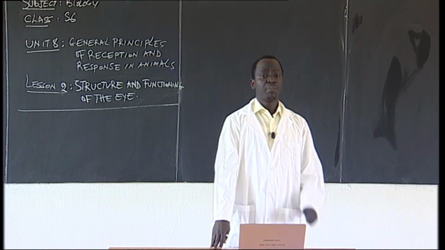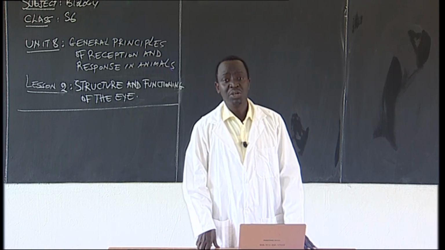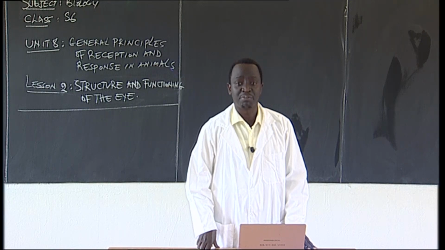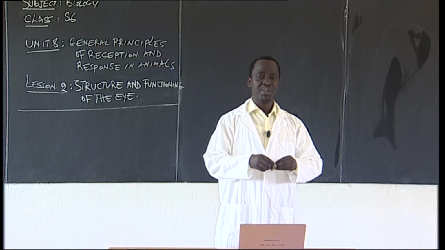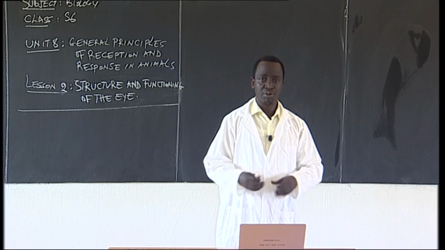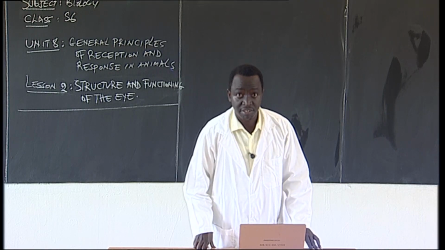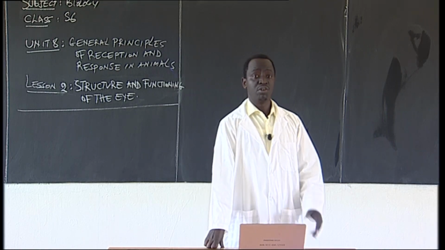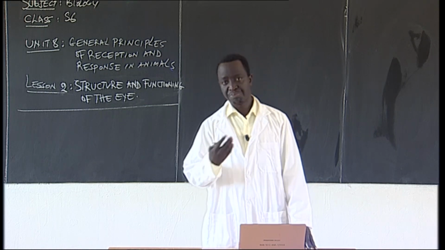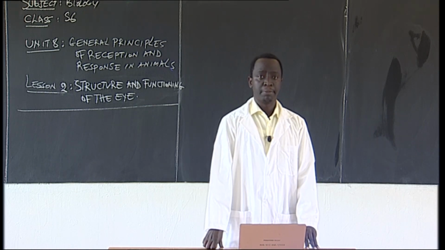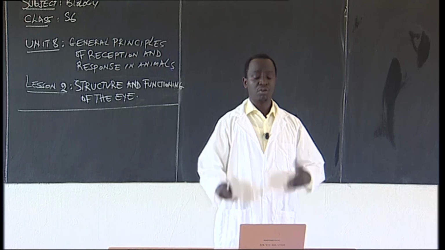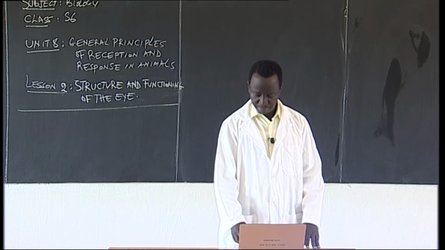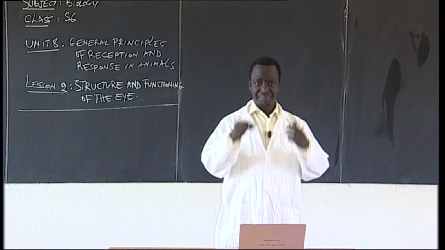Now, for the topic of today, we are going to see one of the sensory organs that contain what we call receptors. One of the organs we're going to talk about is the human eye. What's the role of this human eye? What do we use the eye for?